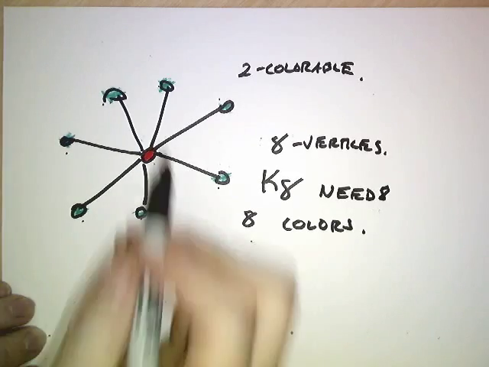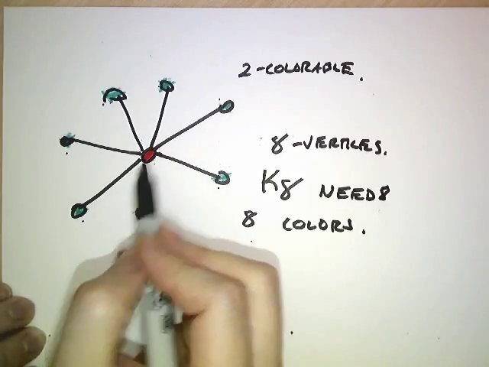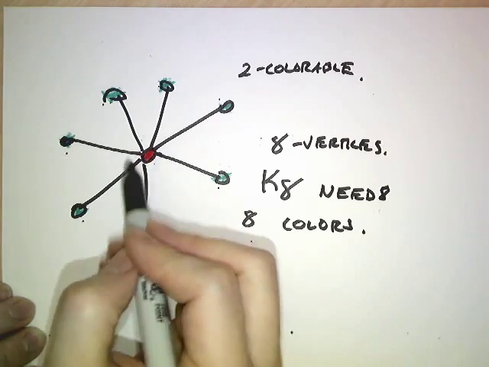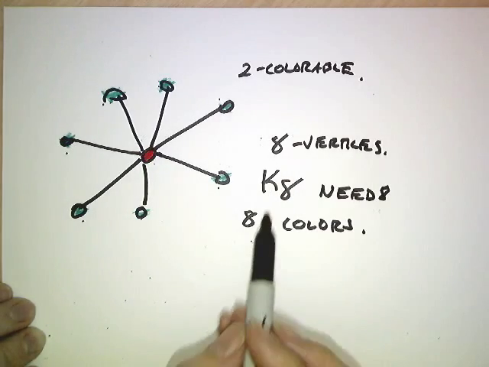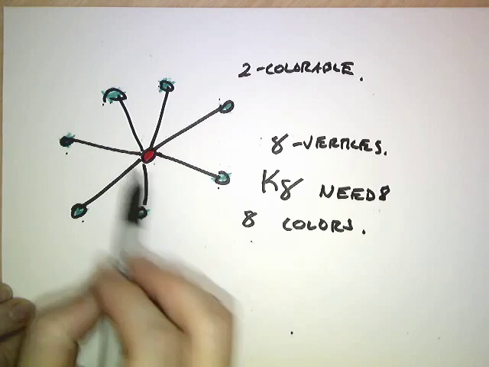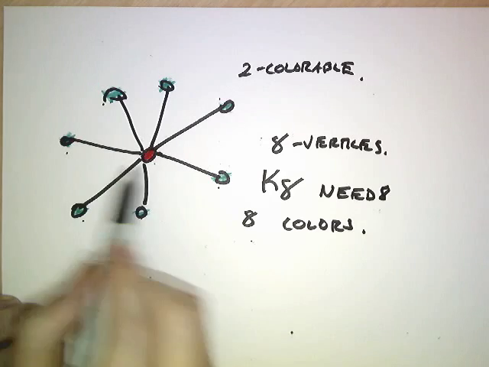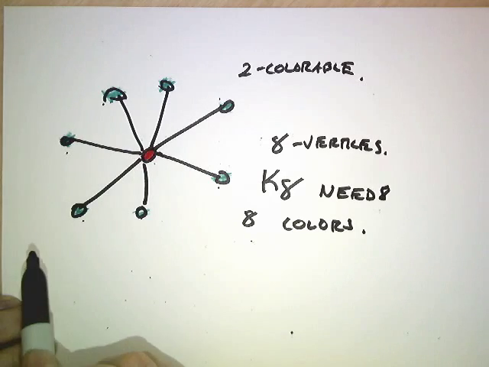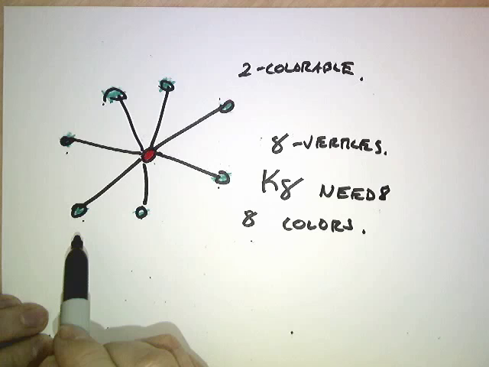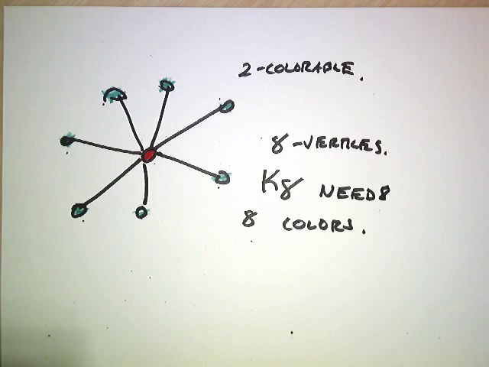So this graph, even though there's a vertex of very high degree, it only needs 2 colors. K8 is a graph also with high degree, and it needs 8 colors. So be careful. Just because a graph has a vertex with high degree doesn't mean that it necessarily needs many colors to be colored. And we'll address this issue even more in the next video.